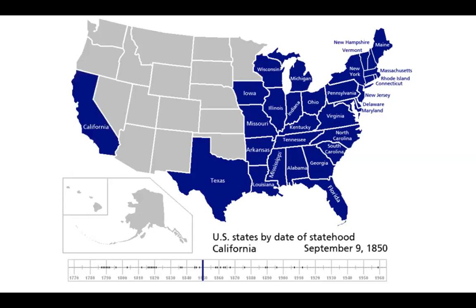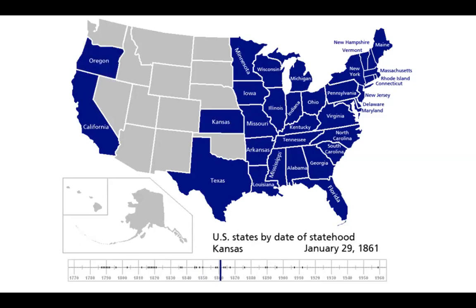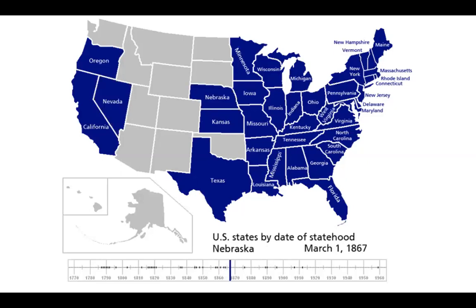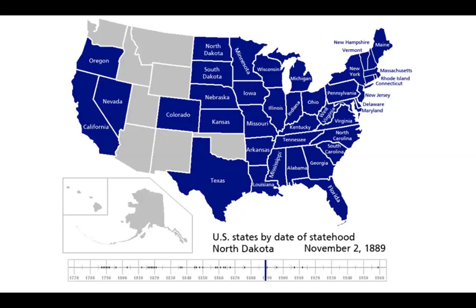And there's California, 1850. So that's going to be our focus for today, obviously, this being a California history lesson. And then we'll fill in the rest of these, with the last one being Hawaii coming in in the 1950s. Okay, so that gets us to where we need to be.